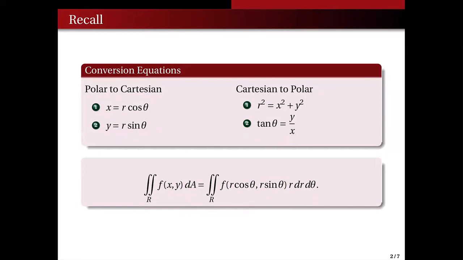So this dA here can be dx dy or dy dx. Either way, you will be able to convert it into r dr d theta following the conversion formulas that we have up here.